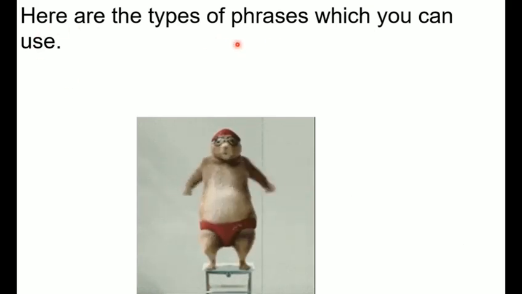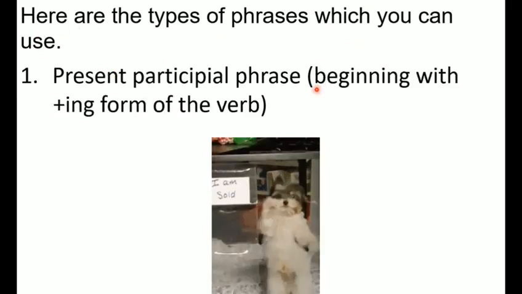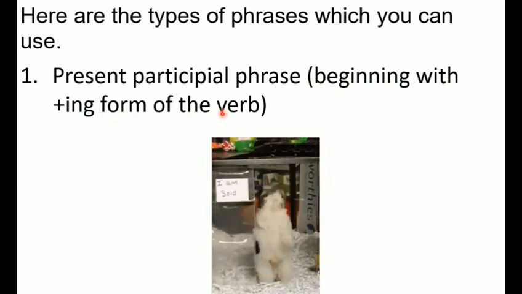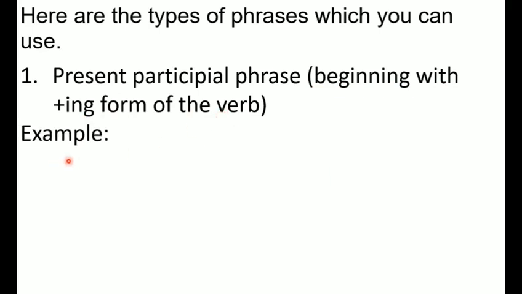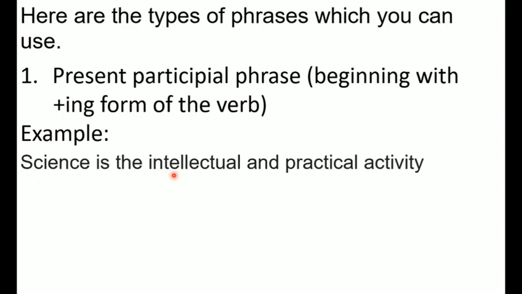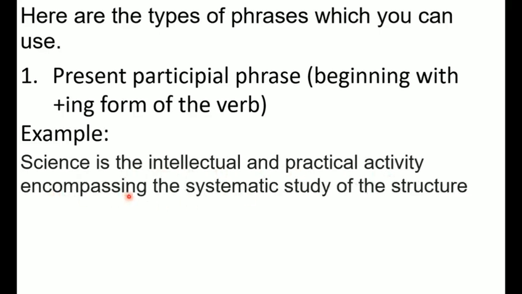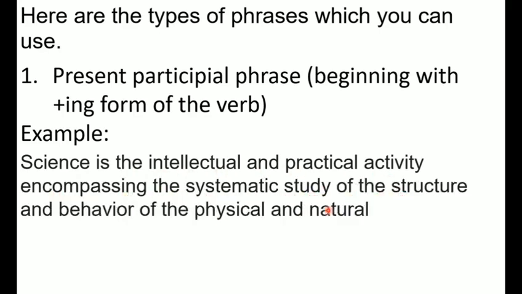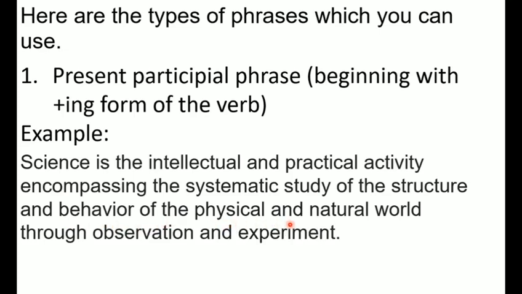Now here are the types of phrases which you can use beginning with the ing form of the verb. Example: Science is the intellectual and practical activity encompassing the systematic study of the structure and behavior of the physical and natural world through observation and experiment.